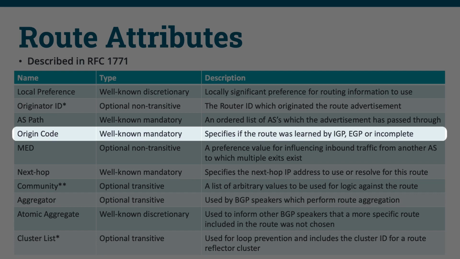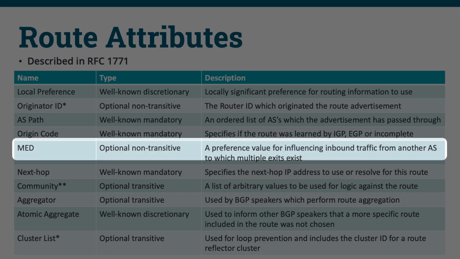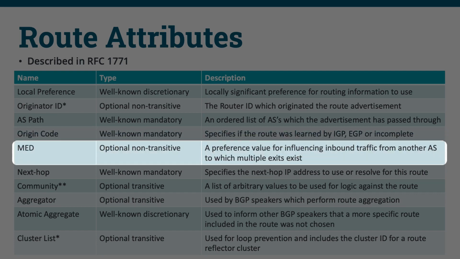Moving down, the MED attribute, or multi-exit discriminator, is an optional, non-transitive attribute. To say it is non-transitive is a little misleading, however, as it is only used to influence the inbound traffic sourcing from an adjacent AS to the local AS.